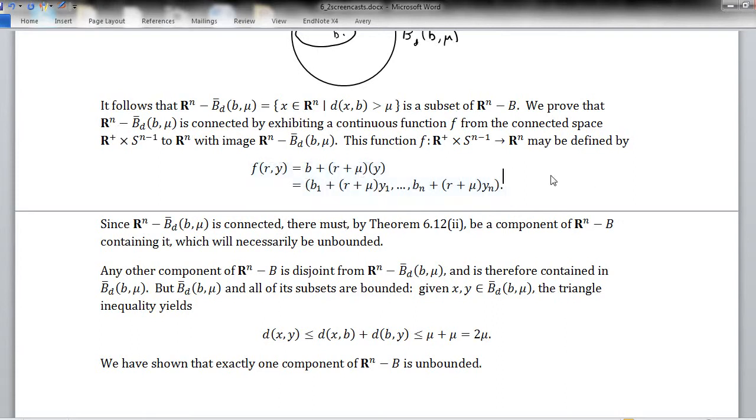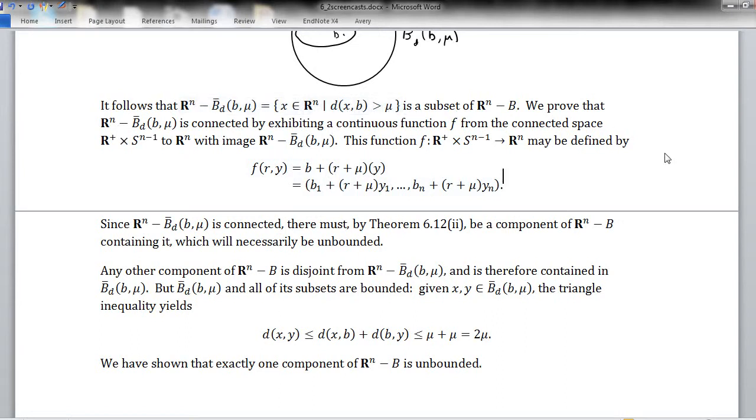If you take all of those for all positive real numbers r, then you get every sphere centered at b of radius greater than mu. And the union of all those is exactly the set of all points whose distance from b is greater than mu.